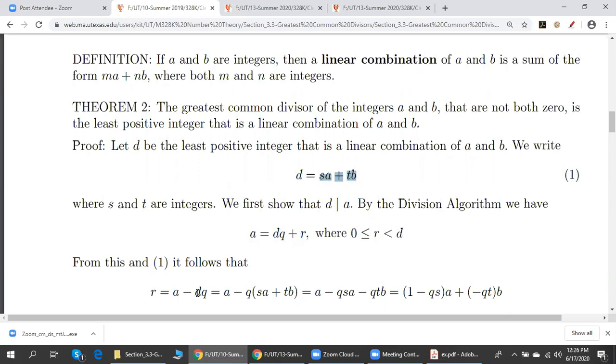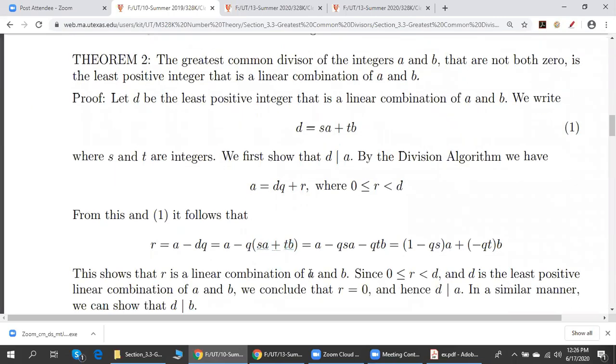So let us replace this D by this expression. Done. Next, let us expand parentheses. If we expand parentheses, the plus becomes minus, and then QSA, which is over here, QTB, which is over here.